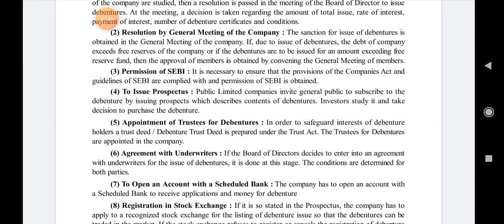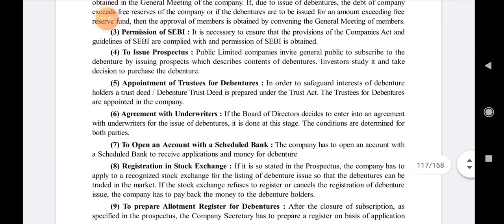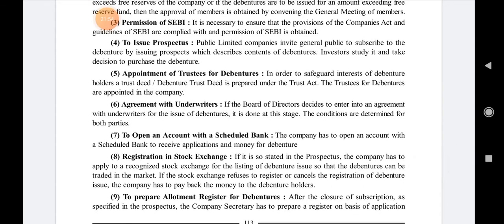Next one is the appointment of the trustees for debenture. For the debenture, the appointment should be given. In order to safeguard the interest of the debenture holder, a debenture trust deed is prepared under the Trust Act.